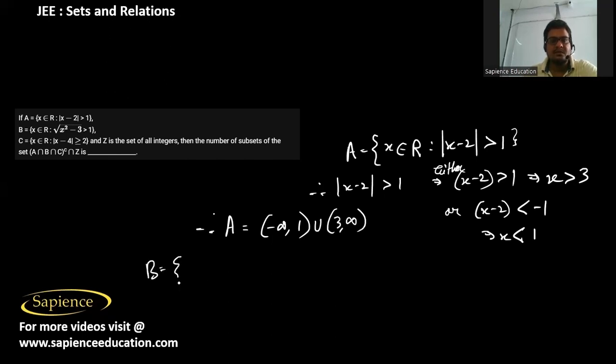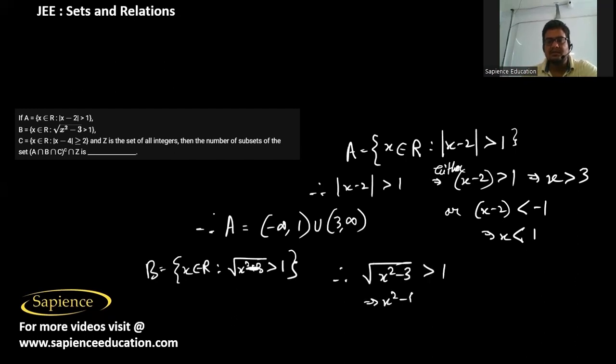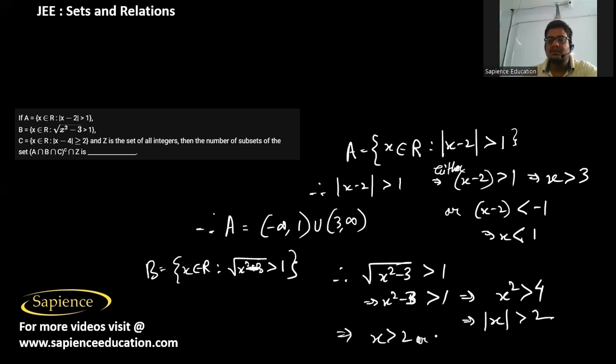and B is the set of all those x belongs to R such that root x square plus 3 is greater than root x square minus 3, that is more than 1. So therefore we can say root over x square minus 3 is more than 1. It means x square minus 3 is more than 1. So x square is more than 4. So it means that mod x is more than 2. It means that x is more than 2 or x is less than minus 2.